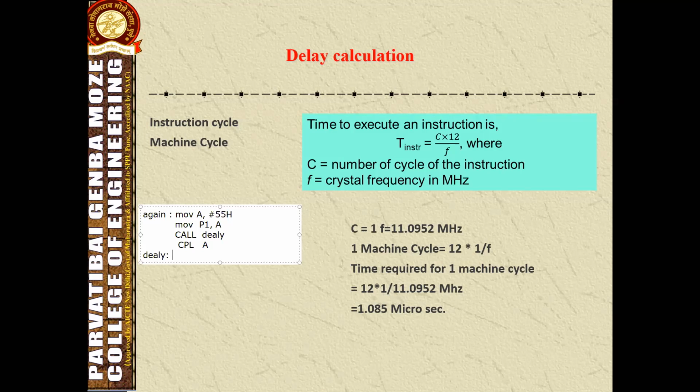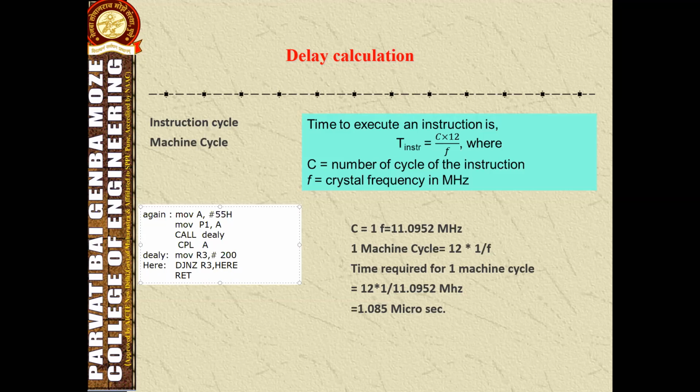Delay is one of the subroutine programs here. MOV R3, #, then here DJNZ R3, here. This is one of the small programs.